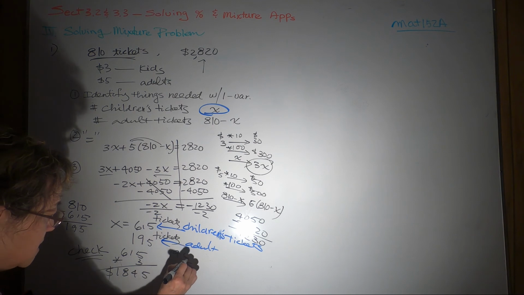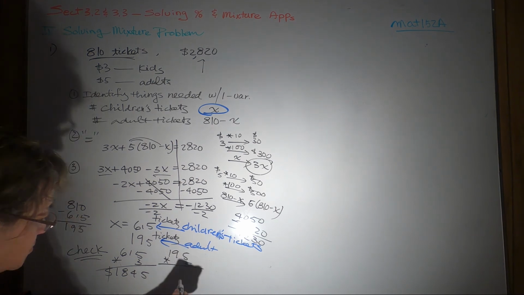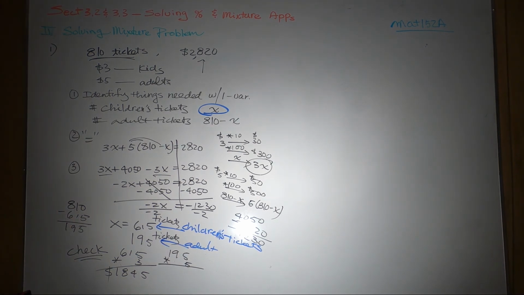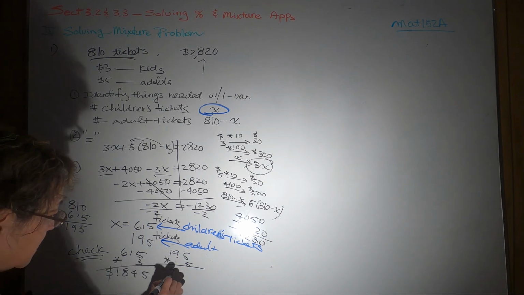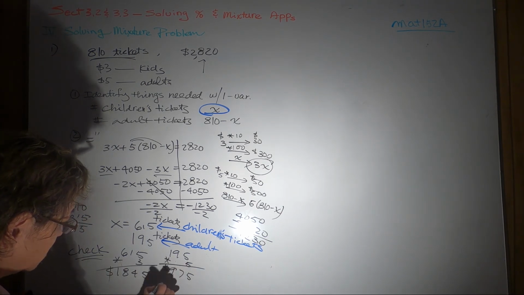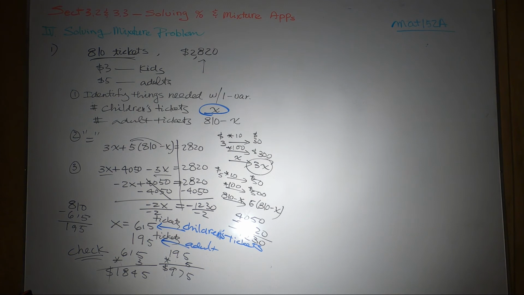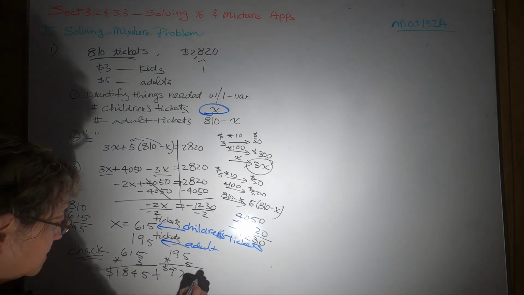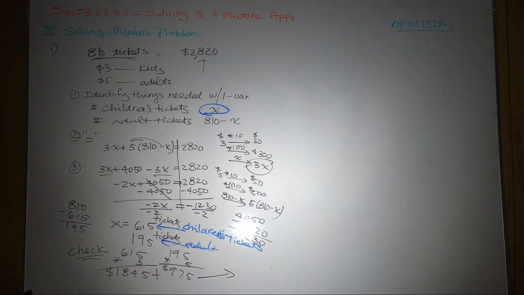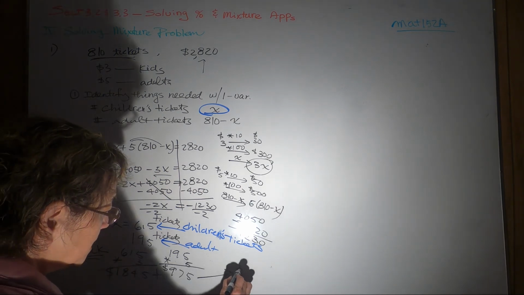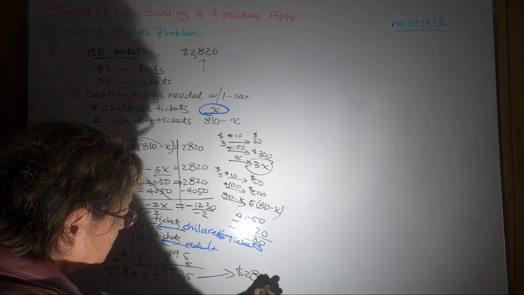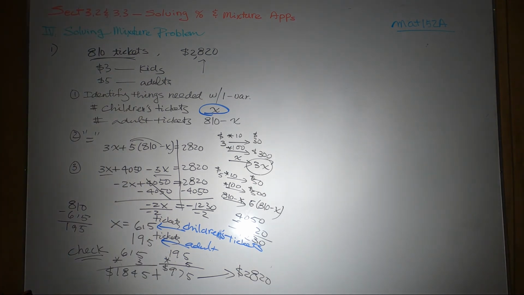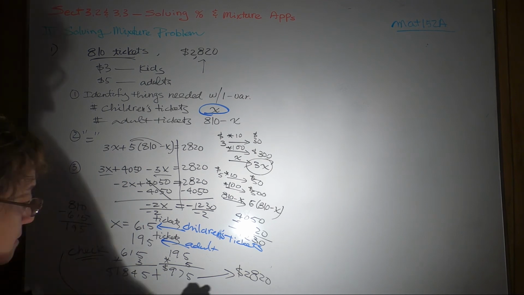You have so many tickets sold. So you multiply them. That would be $975 you will get. Then you add them together. What do you have? 1845, 975. You will end up with 2820. That's how you check.